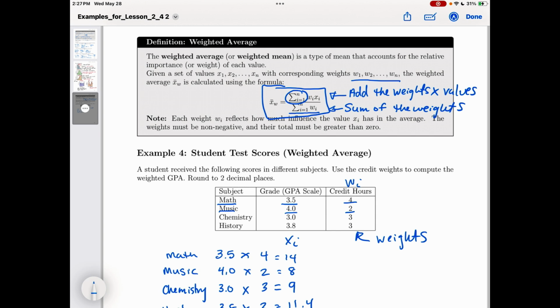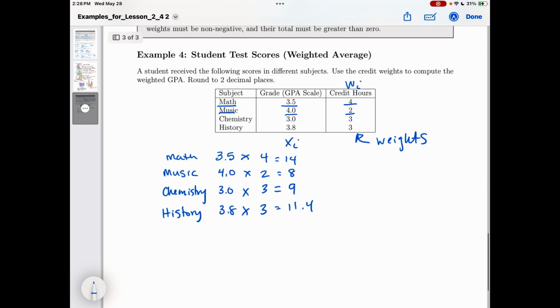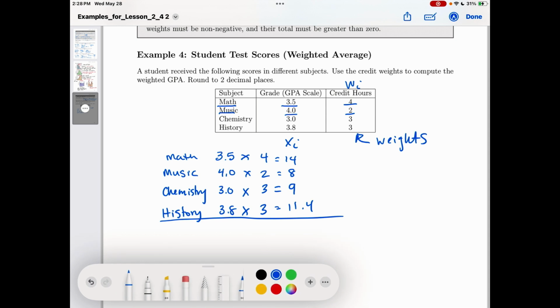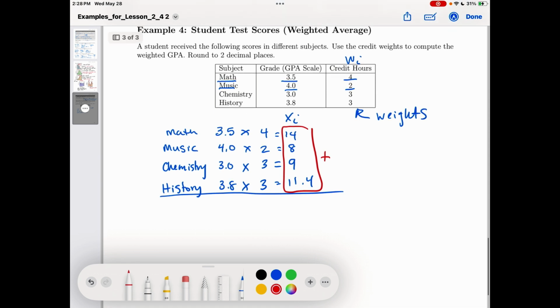So we multiplied all the weights and all the data values. We just took all the wi's times all the xi's. And now that sigma is telling us to add them all up. So I'm going to add all of these values up.